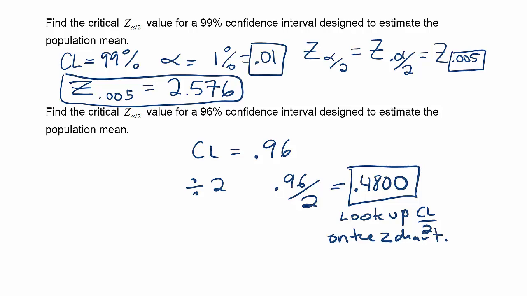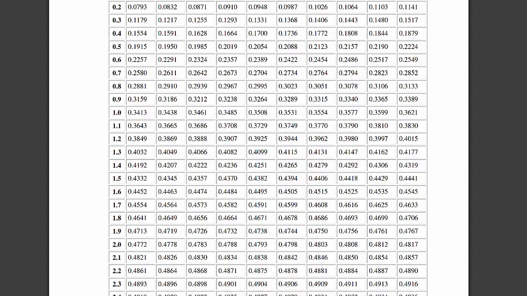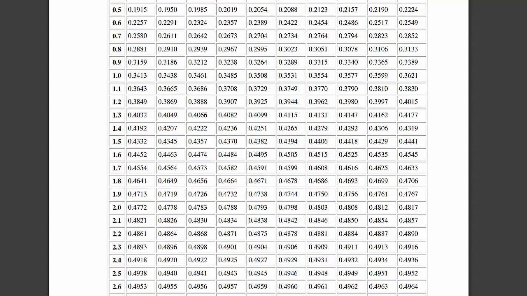All right, so let's go look up 0.4800. Here we are on our z-chart. I'll go down in this first column in the probability part of the table to try to find 0.4800. So I see that there's a 0.4772 here. Let's go over in this row and see what we get.